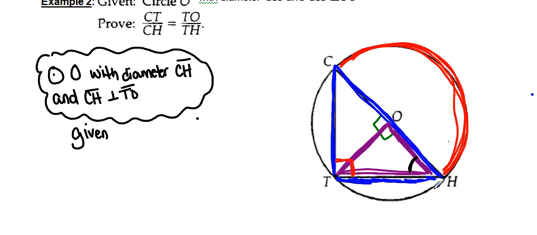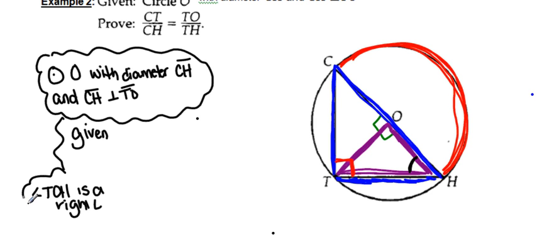I guess I'm going to start by talking about these perpendicular lines. So that's going to make angle TOH be a right angle. I know that because perpendicular lines make right angles.